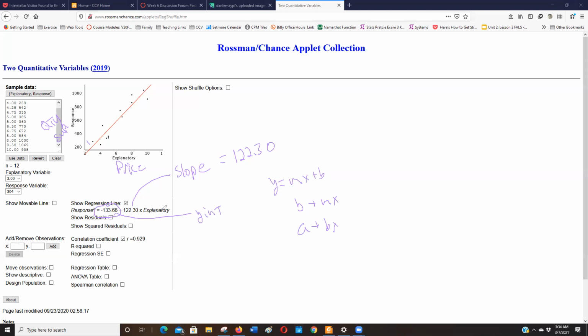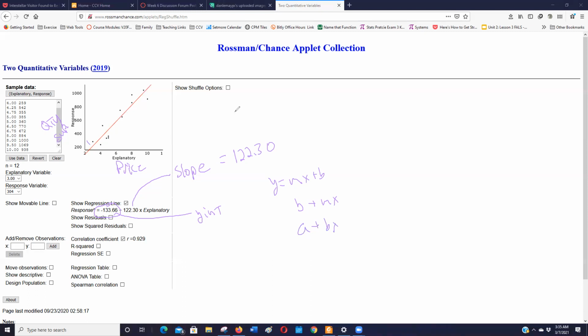So we can almost see with this graph that when x equals 1, and in the exercise it asked, predict how much supply is available when the price is $1.